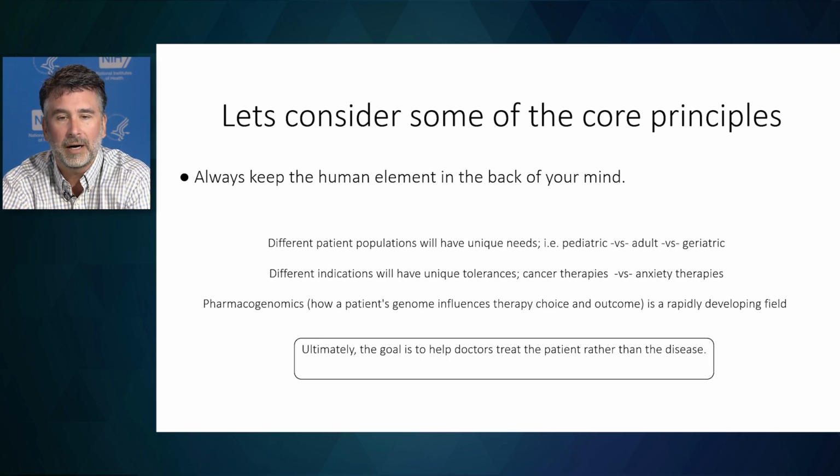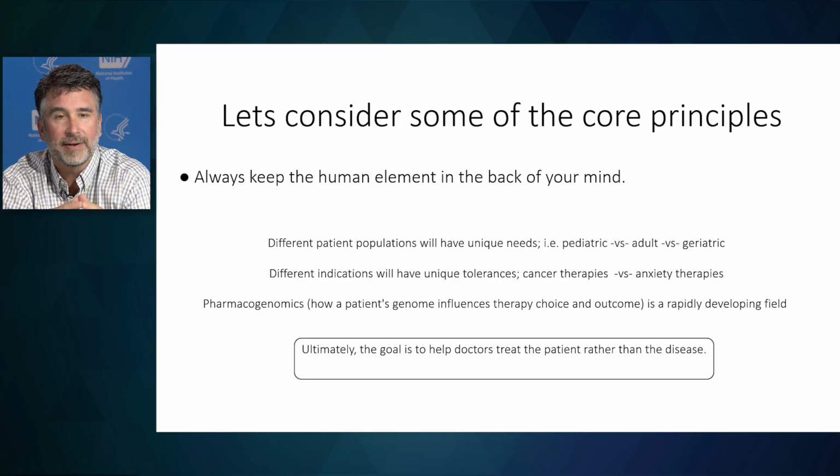Ultimately, the goal of teams of scientists, whether they're medicinal chemists or pharmacologists or clinical pharmacologists or practitioners of medicine, is to use this type of data to help doctors treat the patient rather than the disease.